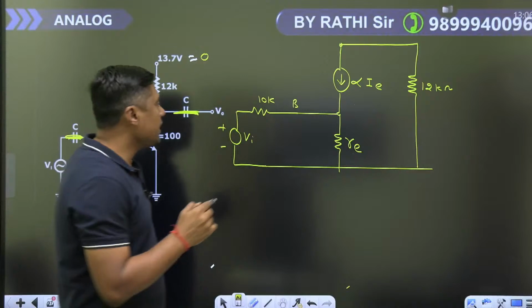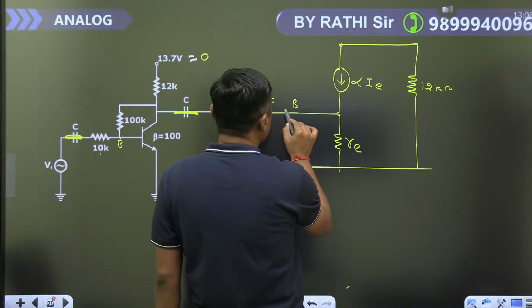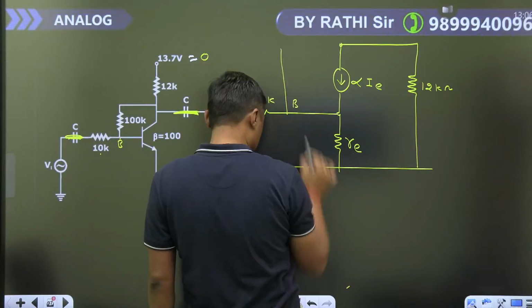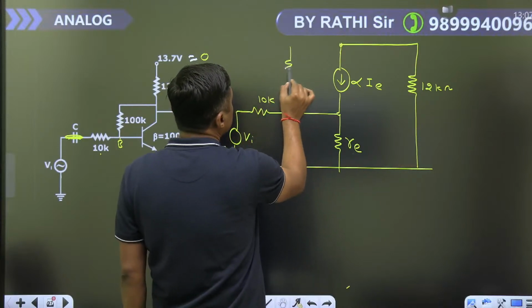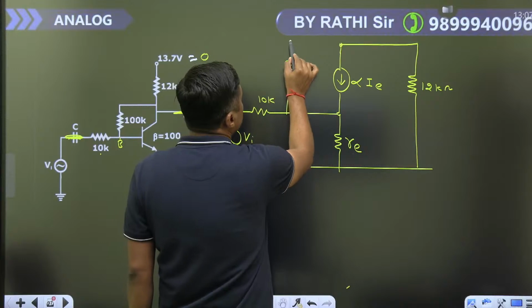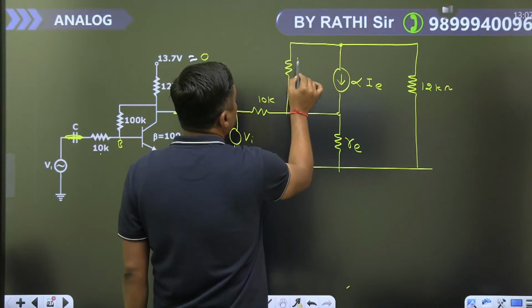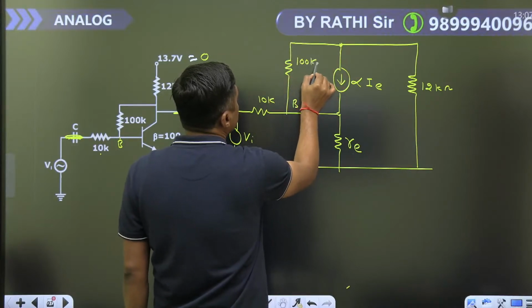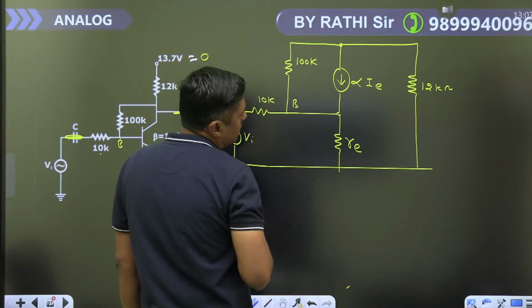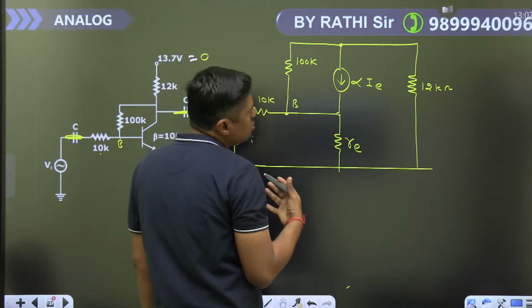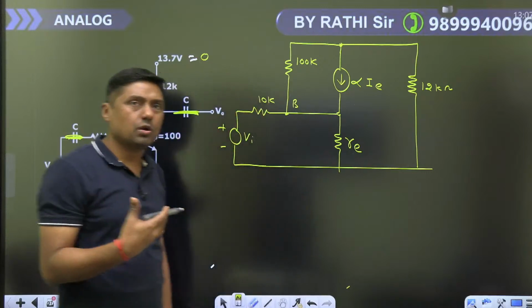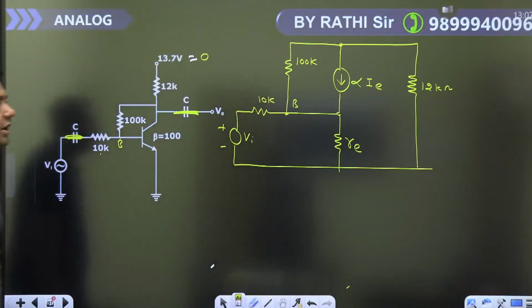So between base and collector we have one resistor, this one, 100 kilo ohm, guys. And that is the problem. You can solve this problem by using Miller's theorem, or directly you can apply the network here, guys.